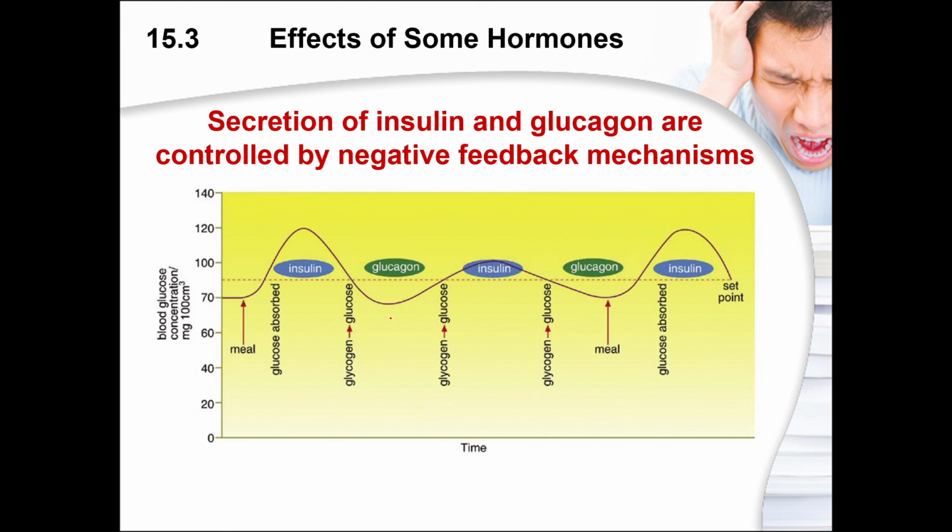Then glucagon gets produced when the glucose concentration drops too low, and then the whole effect goes on. The whole cycle repeats. So you can see that it's these alternating actions of insulin and glucagon that will ultimately keep the blood glucose level at a set point. Alright?